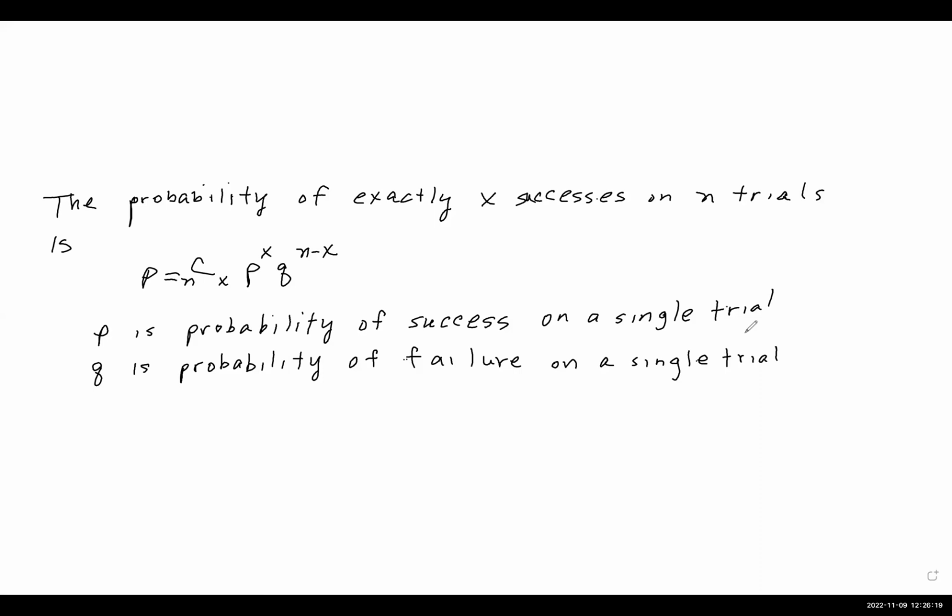N is the total number of trials, and X is the number of successes we're looking for.